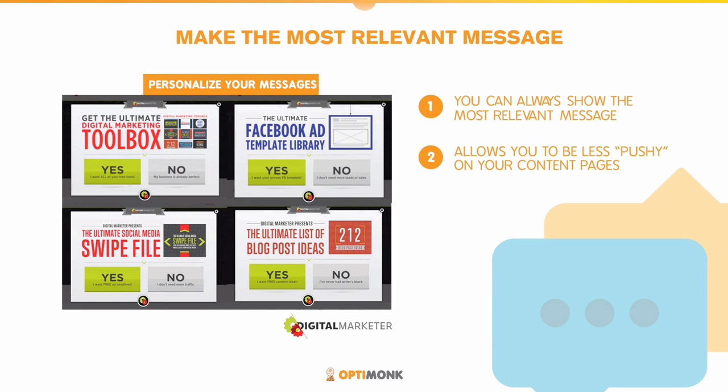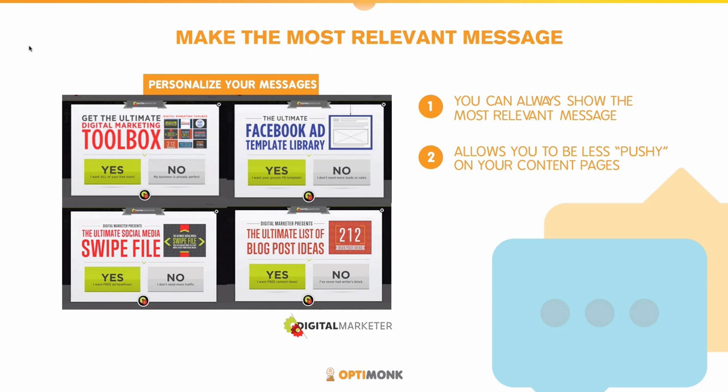If someone is reading about social media, they will display the ultimate social media swipe file. And if someone is reading about blogging, then they will display the ultimate list of blog post ideas. Only if they can't categorize the users will they display the generic ultimate digital marketing toolbox offer.